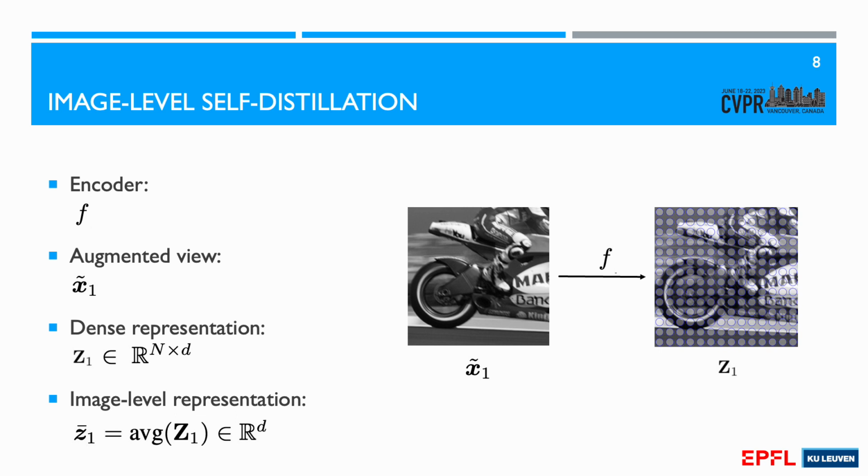So once you have this dense representation, you can compute an image level representation by averaging this dense representation over all spatial locations. So for instance, in a ViT, this would be using a self-attention layer, or in other networks, this can be, for instance, a simple global average pooling.